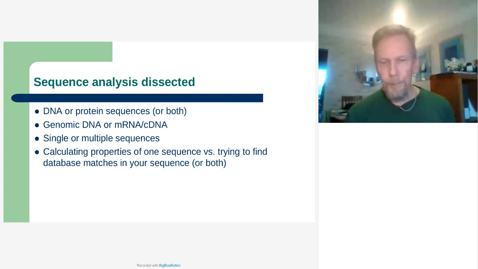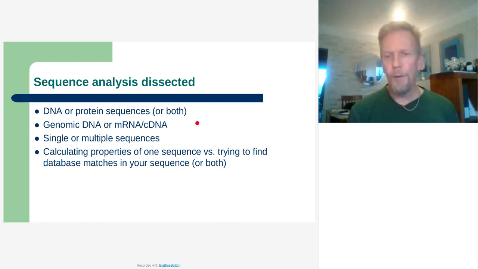Okay, so many analysis programs are strictly for a single sequence. Some accept multiple sequences as their input. Some require multiple sequences, like multiple sequence alignment. And then you have to really think so that you don't make a stupid mistake of sending a DNA sequence to a protein sequence analysis program, or vice versa.